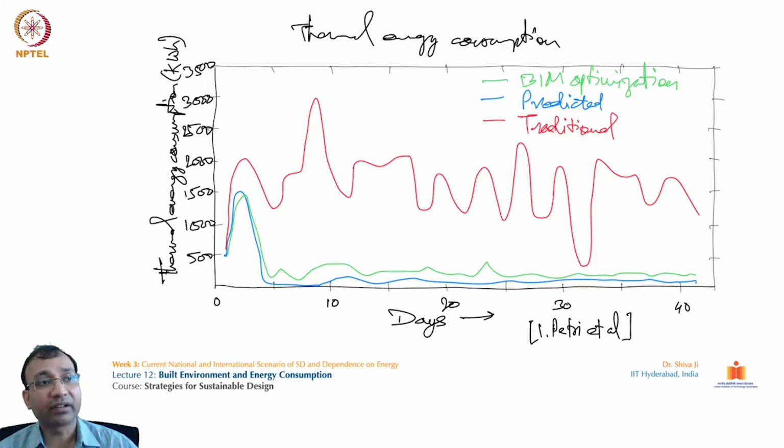So you can see this red line, which is the traditional optimization thermal energy consumption, which is always on the higher scale. The observation was done over a range of 40 days. So how it has fared in the traditional way, how this can be taken care of by going for predictive models, and how BIM has finally resulted with the help of all of these methods.